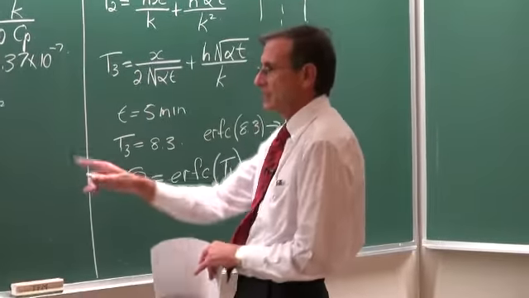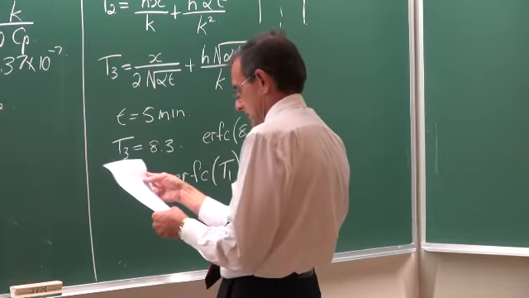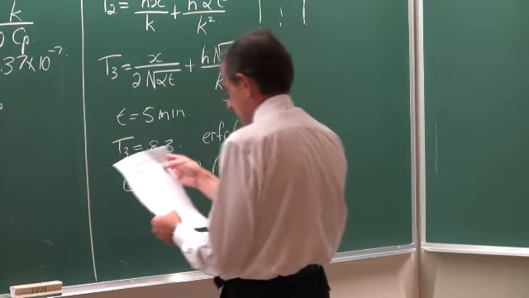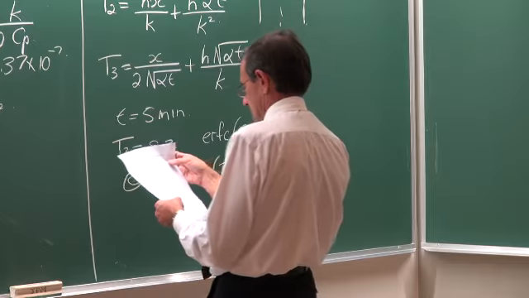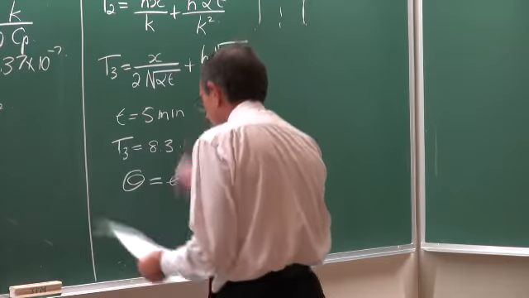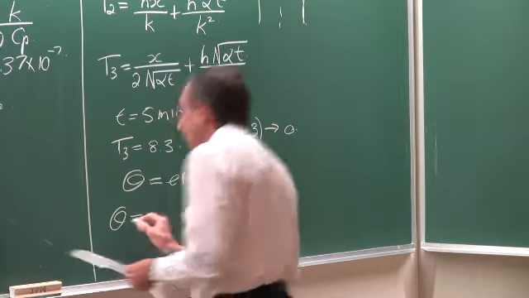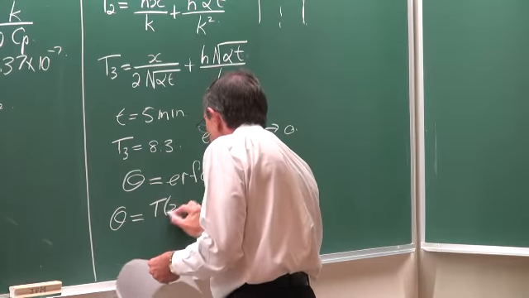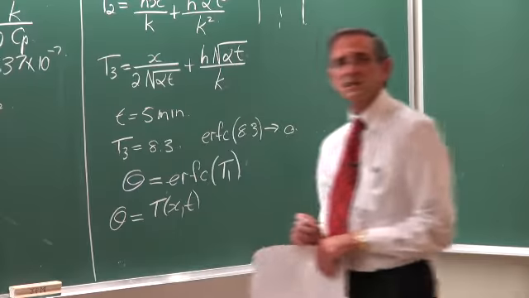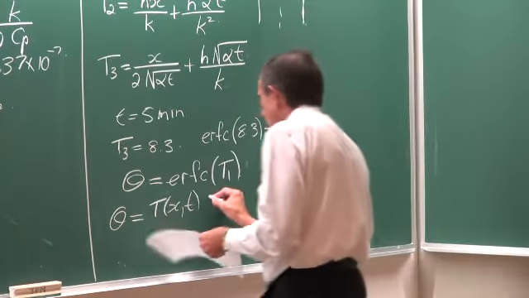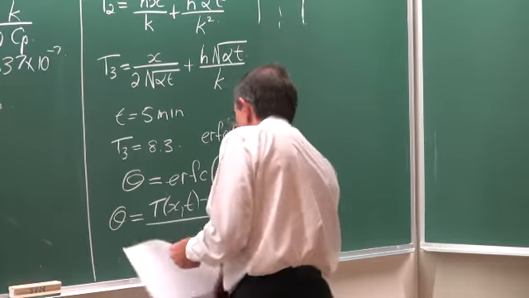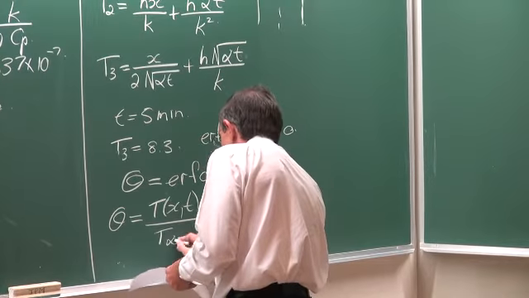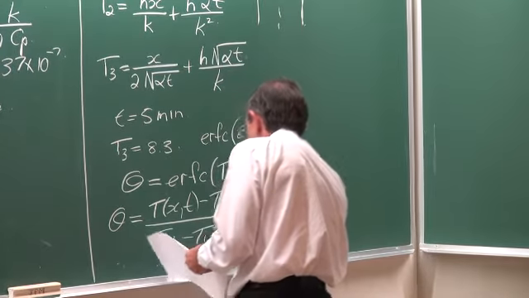The non-dimensionalized temperature, I'm not going to calculate it again, but, oh no, yeah, sorry, I have to do it. Because in this case the non-dimensionalized temperature is now calculated differently. It is calculated as T(x,t) minus Ti divided by T infinity minus Ti.